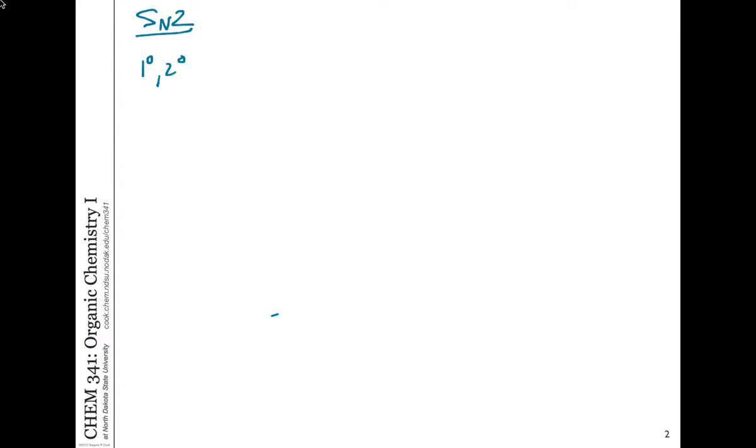Okay, so if I take, let's see, I'll just use a bromide for an example. Okay. Let's say we take sodium cyanide. Now we do an SN2 substitution with cyanide.